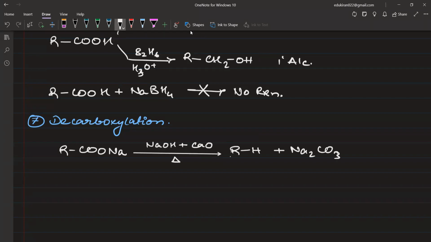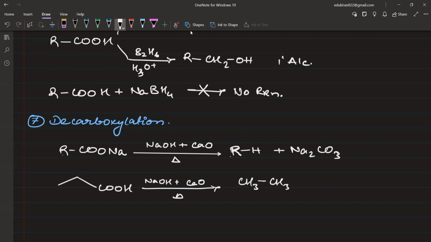Okay, what is important is that you can see here we have R and 1 more carbon. Here in the alkane, that is RH, we are getting what? Only R carbon. That means there's a decrease in the number of carbon atoms. So if I start with propanoic acid, NaOH plus calcium oxide, in heat, I will get only ethane molecule.